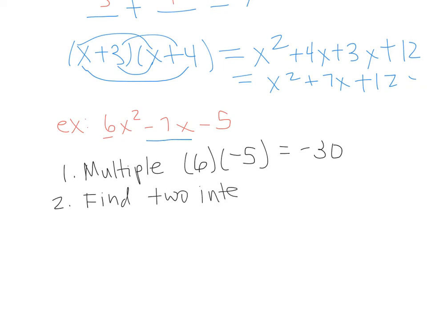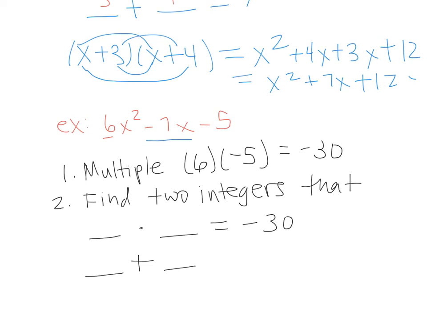Okay, so whole numbers that can either be negative or positive, that multiply to negative 30, that number that we just got, and add to the coefficient on the x term. So in this case, that's a negative 7.